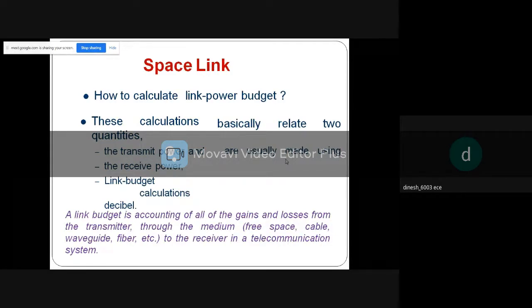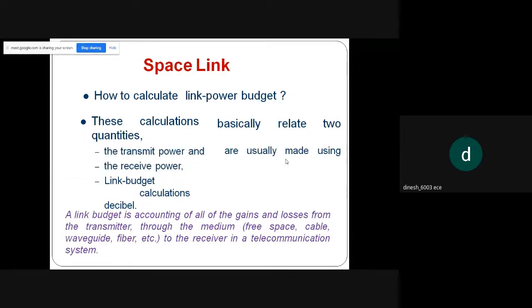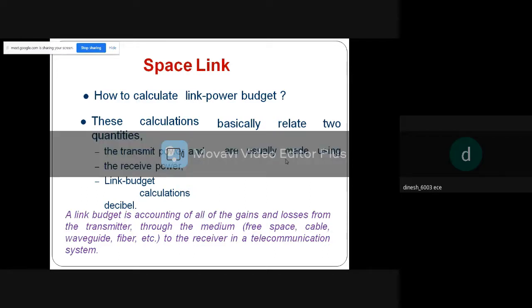A space link is a connectivity between the satellite in space and the Earth station on Earth. So the space link plays a major factor in satellite communication. Why?